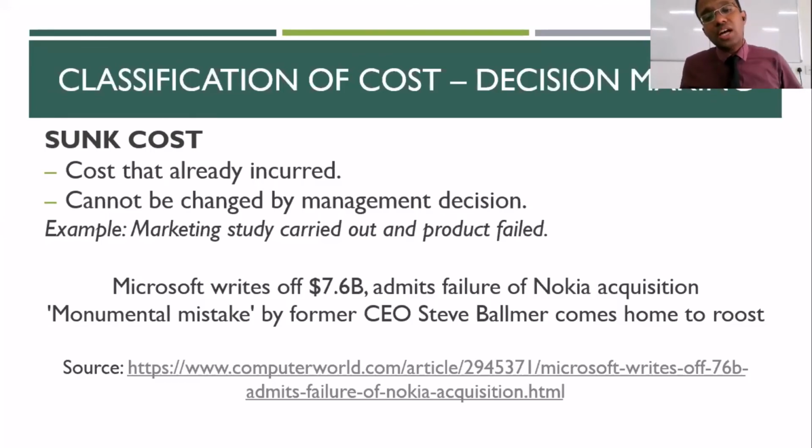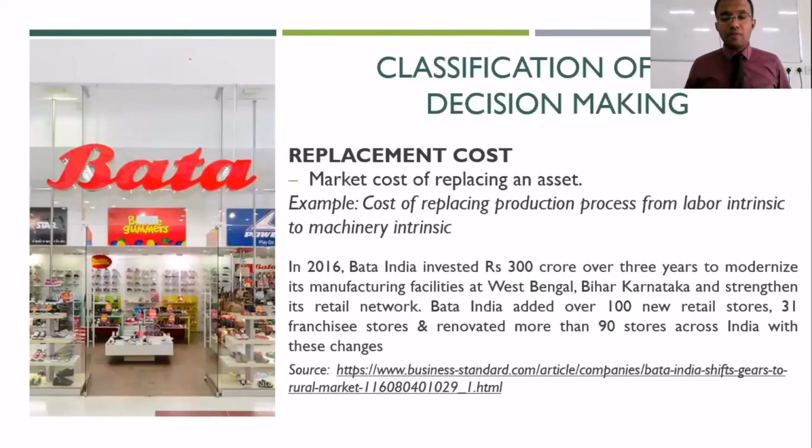Such kinds of costs are called sunk cost. Then we had discussed a few examples based on this. Then we had spoken about replacement cost. Replacement cost is the total market cost involved in replacing an asset.